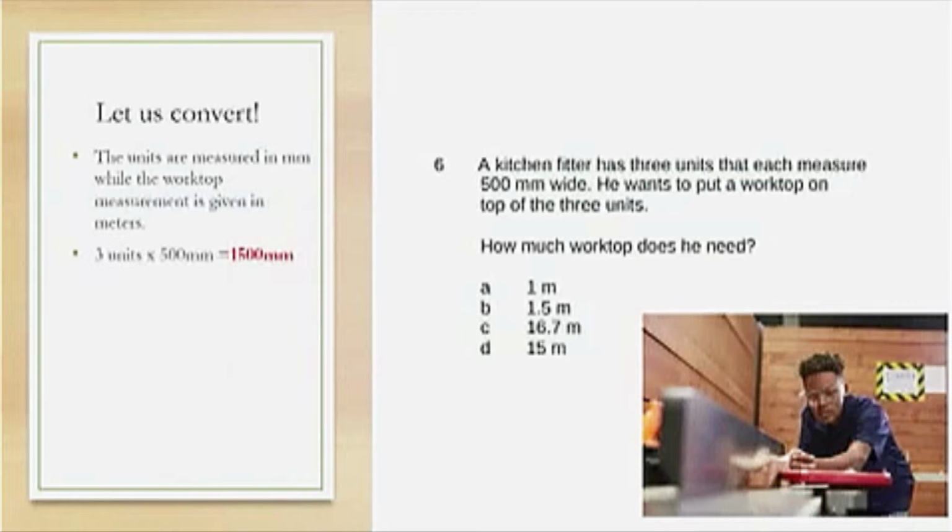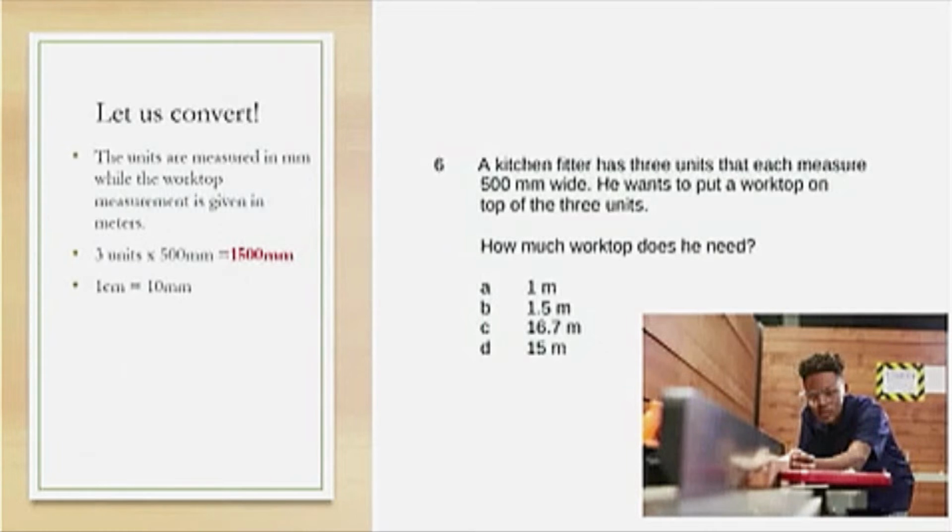If we multiply 3 units by the 500, it would give us our total measure, and that is 1,500 millimeters. But as I said before, your options are not in millimeters. They're in meters. So you want to convert your millimeters to meters.